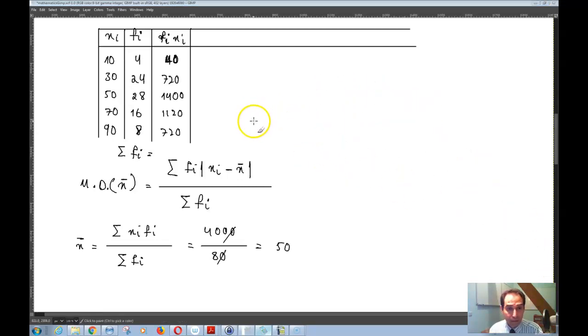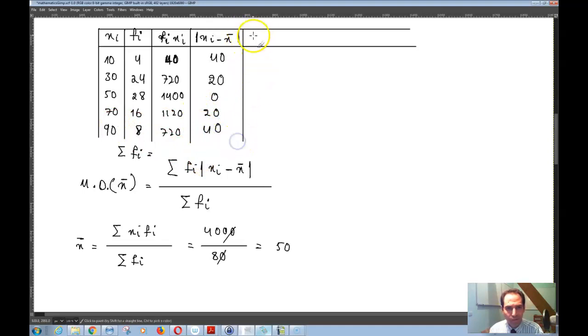Now the next step is to find the absolute value of x sub i minus x bar. For example, 10 minus 50 is equal to negative 40, and the absolute value becomes positive 40. 30 minus 50 is equal to negative 20, so positive 20. 50 minus 50 is 0. 70 minus 50 is equal to 20. 90 minus 50 is equal to 40.